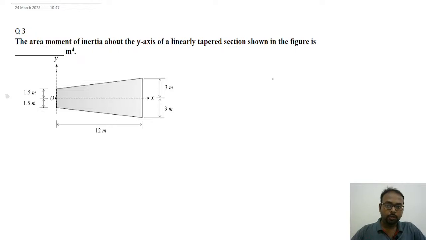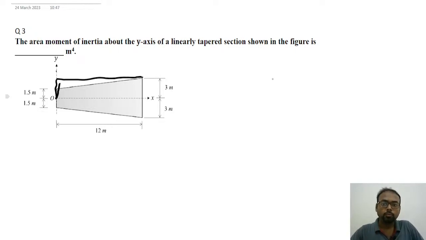First of all, we will consider this half section of this trapezoidal bar. Then we will try to make one rectangular section out of this.